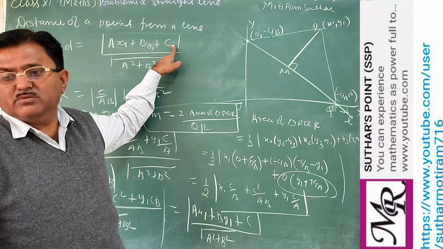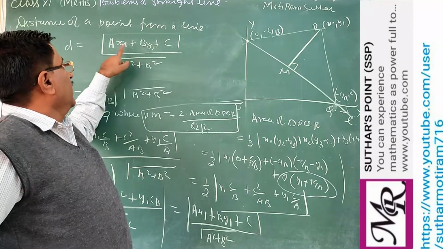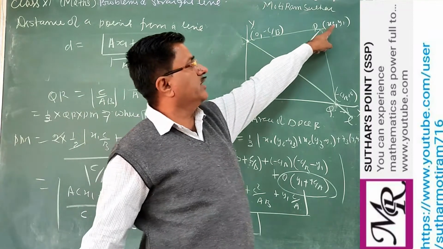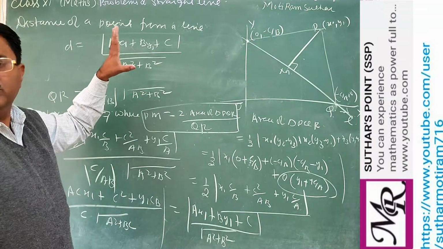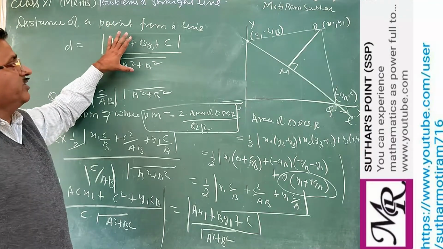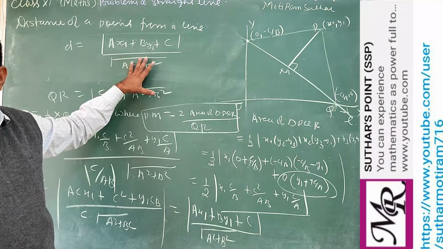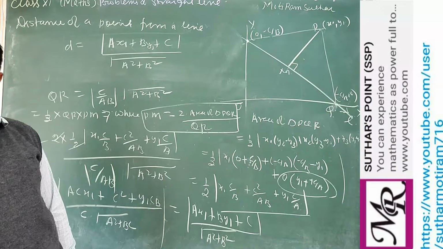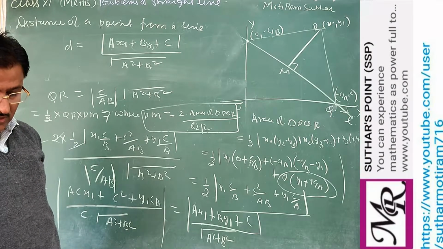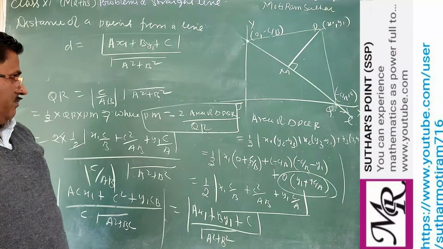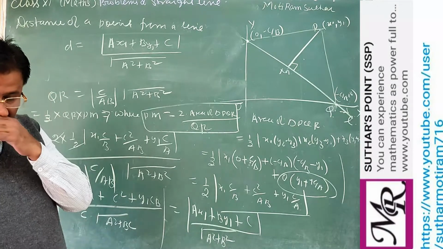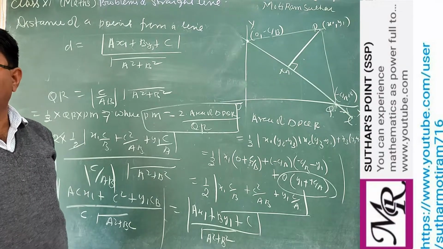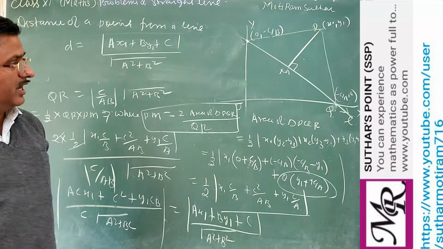The line equation is given, the coefficients of x1 and y1, and the coordinates of the point x1, y1 are also given. So we use a very simple formula. This formula is very useful to find the distance between a point and a given line. Clear?